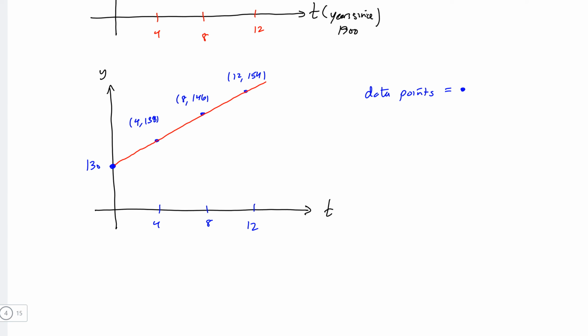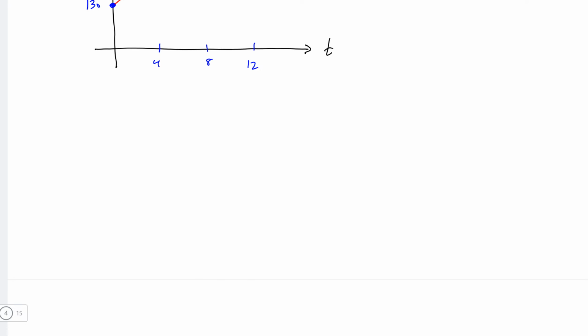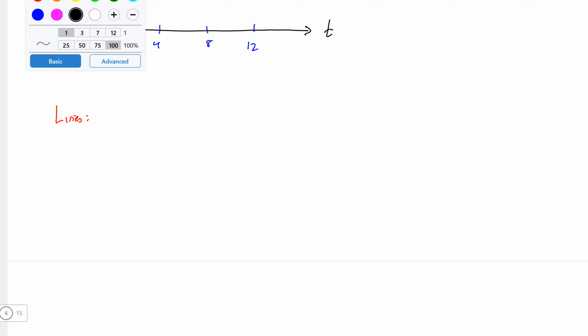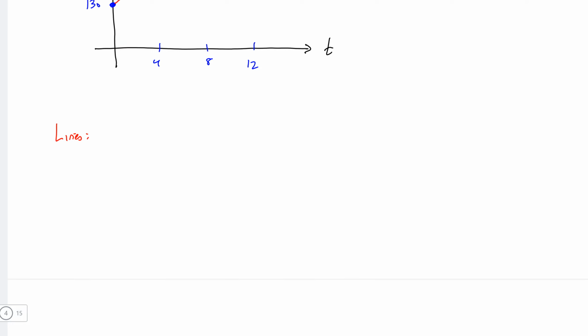So maybe this is a good point to do a little bit of review on lines. So if we have a line given by this form, this is called slope-intercept form.